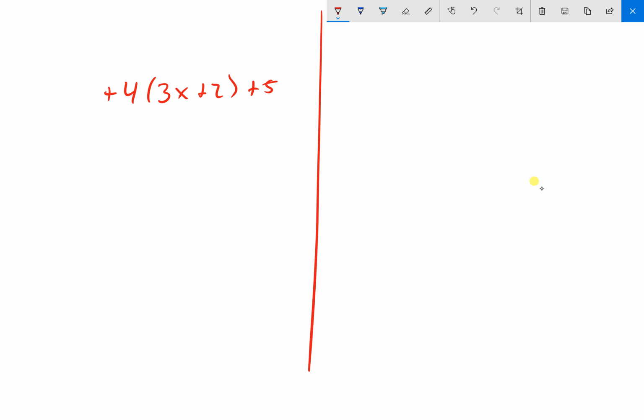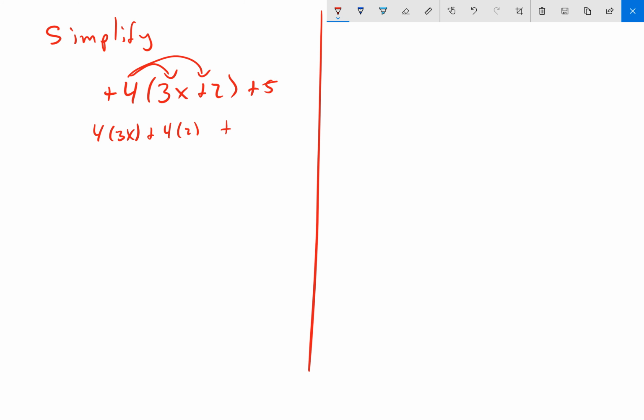One last thing with this. We'll do positive 4 times (3x plus 2) plus 5, and I want you to simplify the expression. I'm going to distribute: 4 times 3x plus 4 times 2, plus, now this 5 is not being affected by that 4.